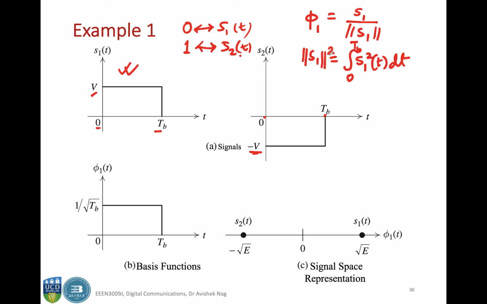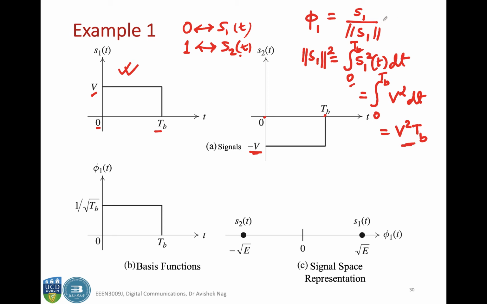S1 is V between 0 and TB, so its square is V squared, and this integral computes to V squared TB. So the norm of S1 is the square root of this number.